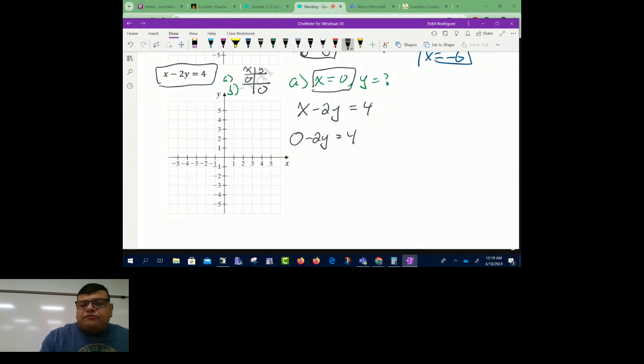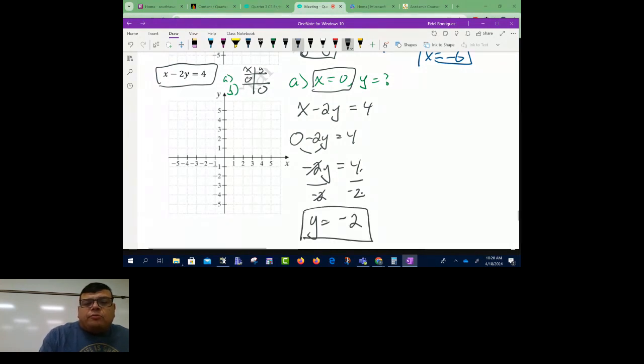So 0 minus 2y equals 4. Well, 0 minus 2y is still a minus 2y, right? And then we can divide everything by a minus 2. Since I'm dividing, a positive divided by a negative is a negative, and that's the negative 2, right? So right here, I'm going to write it in red so it's a little bit easier to see. Boom, negative 2.